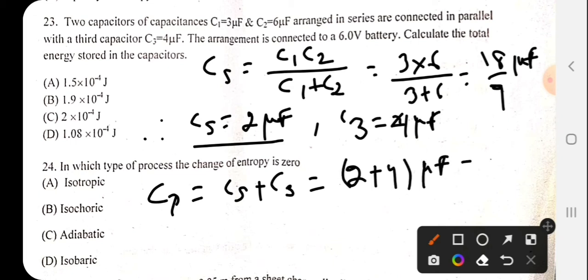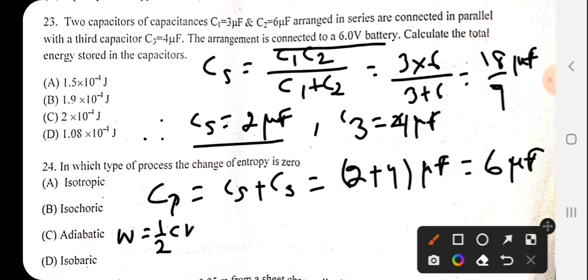So net effective capacitance is 6 microfarad. Now, given that the arrangement is connected with a voltage of 6 volt, calculate the energy stored in the capacitor. The formula for energy stored in a capacitor is W equals half C V square.